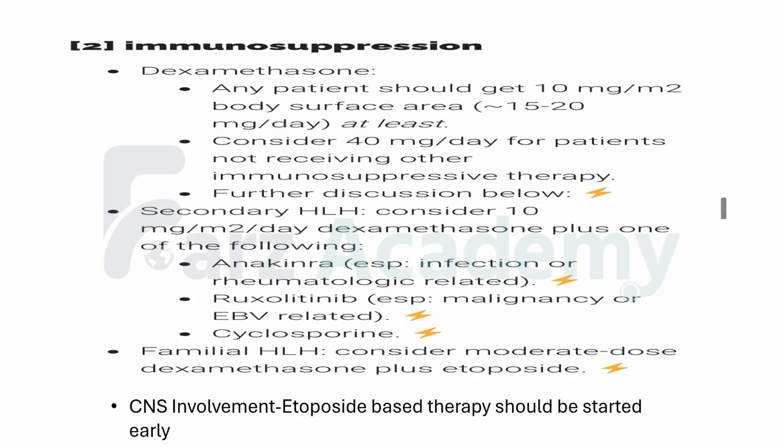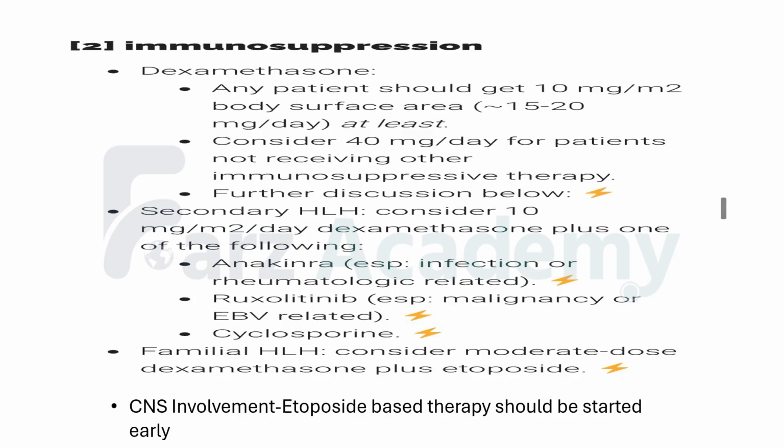Cyclosporine, tacrolimus, the calcineurin inhibitors, you have to use in maybe graft versus host disease or many other malignancy related HLH. Familial HLH with CNS involvement: in those cases, if the patient with HLH presents with CNS involvement, then etoposide based therapy should be started much earlier.